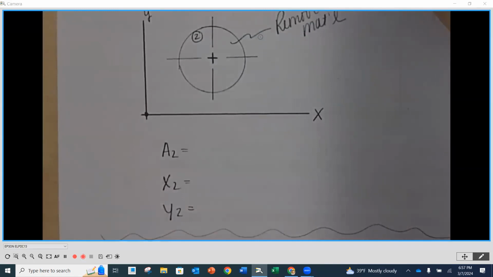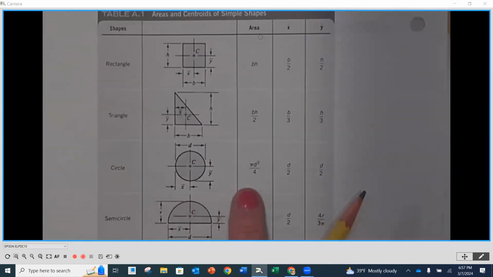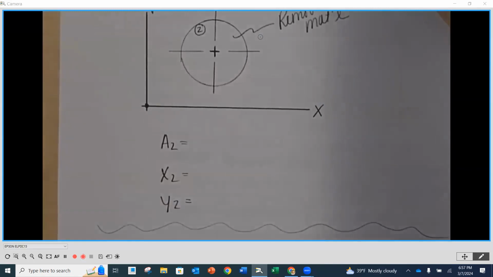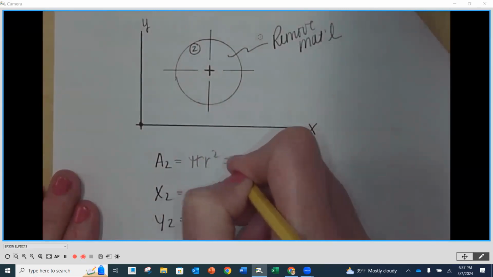And if you don't remember, that's okay. We can go back to our appendix, right? And we know that the area is pi d squared divided by 4, or isn't it pi r squared, right? Yeah, we don't need to use the diameter because we're given the radius. So we can say pi r squared.